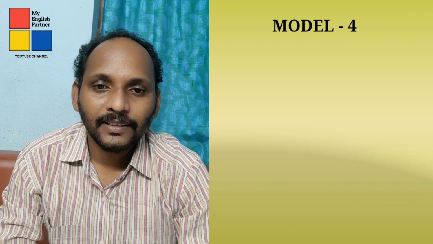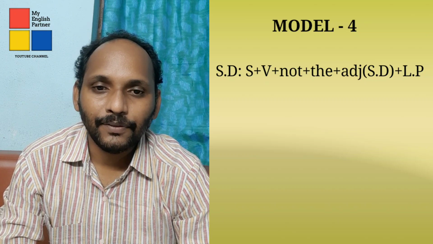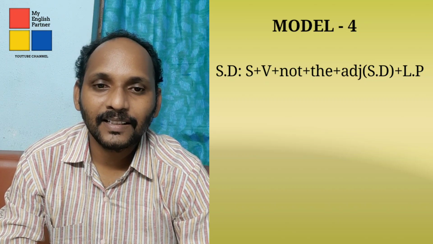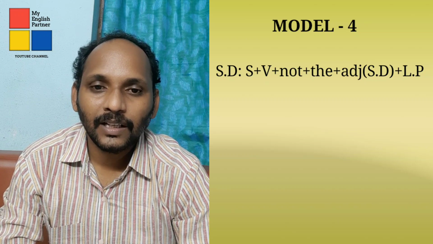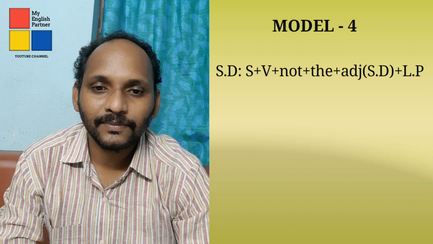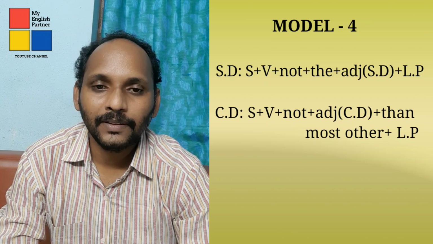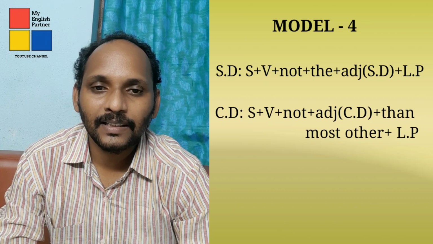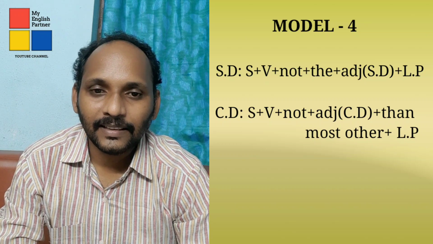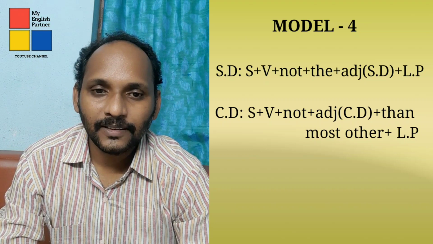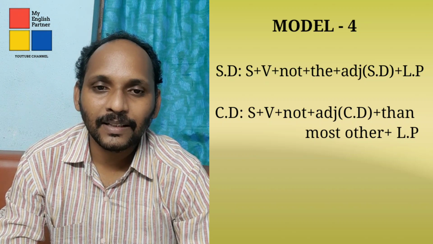Structures are: superlative degree begins with the subject, verb, "not," "the," superlative form of the adjective, last part of the sentence. Comparative degree begins with the subject, verb, "not," comparative form of the adjective, then "most other," after that the last part of the sentence which has the plural noun form.